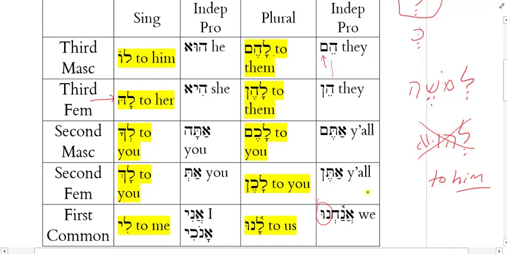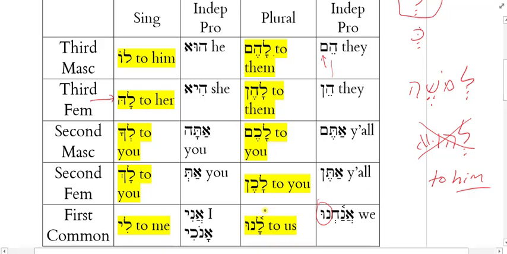So let's read it one more time. Ready? Lo, lah, lacha, lach, li, lahem, lahen, lachem, lachen, and lanu. There is only one place in this entire paradigm of lamed plus pronominal suffix where the accent mark is explicitly written, and where is it? Lanu.